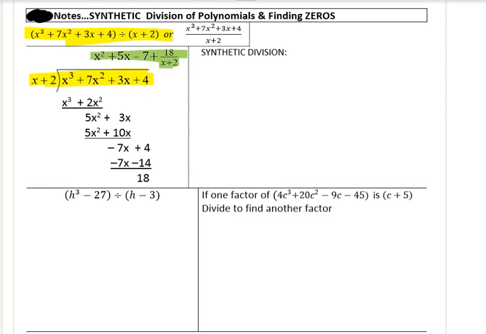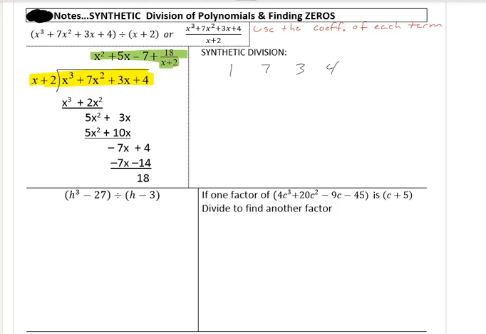First, we need to use the coefficients of each term. So, first term is x cubed, therefore it is a 1. So I'm going to write a 1 here. 7x squared is 7, so I'm going to leave a gap. 3x, so it's a 3, and 4. So those are all the coefficients.